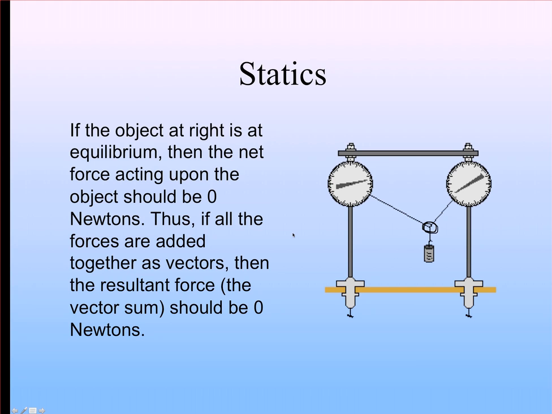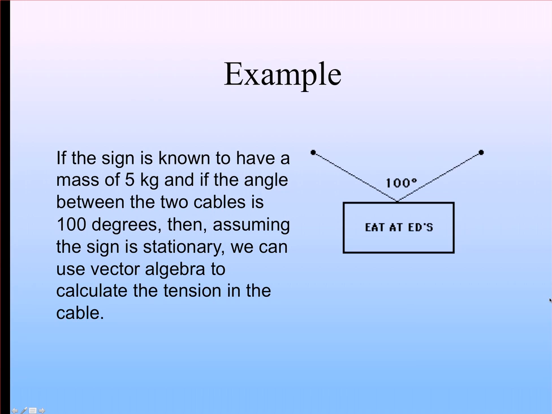When we add all of the forces acting upon this object as vectors, the resultant of those vectors should be 0. And this is one example in which we can make that assumption.